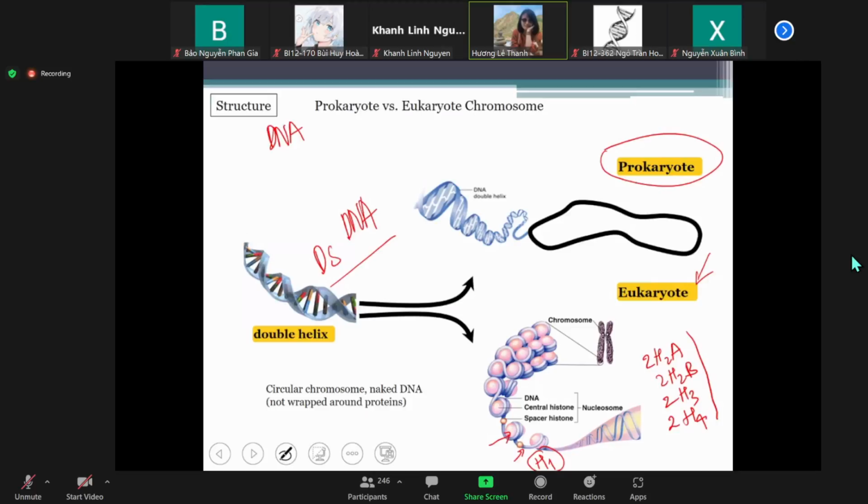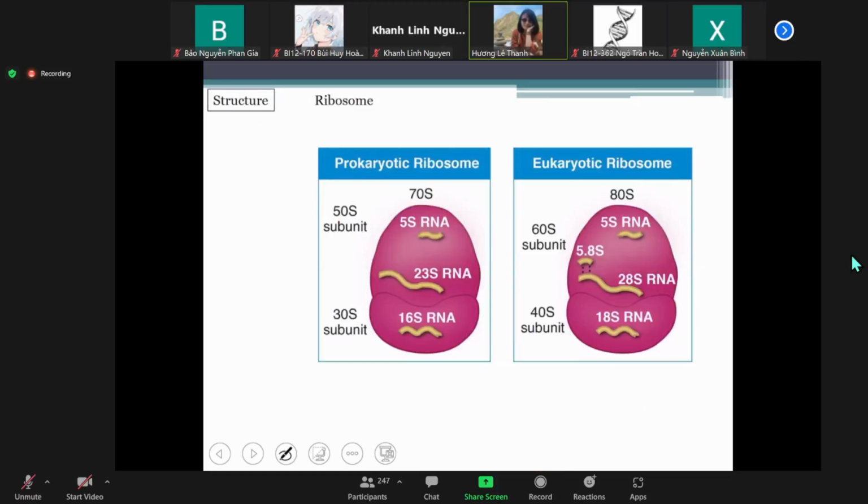And about the ribosomes, in lecture number 3, I have already shown you the ribosomes of the prokaryotes and also the eukaryotes, right? This picture is a little bit detailed, but just remember that for prokaryotes we have 70S equal to 50S plus 30S.